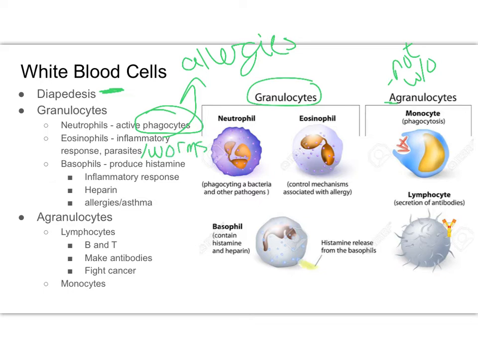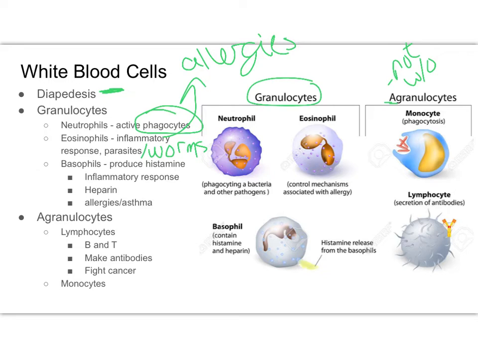So if you're sick and they draw blood and they look at a blood count, they're looking at these. Is there a spike in the eosinophils? Do they need to be looking at some kind of inflammatory reaction or parasitic reaction? Are our neutrophils spiked? They'll count these, and by looking at these numbers, it can help guide them in what direction they need to go to see what's wrong.